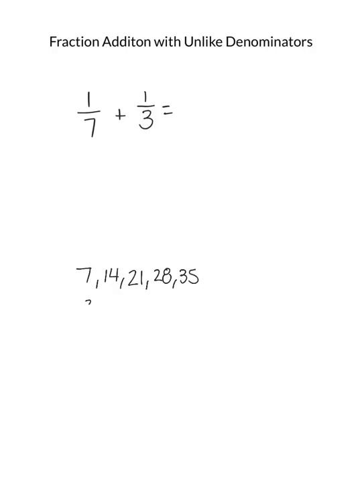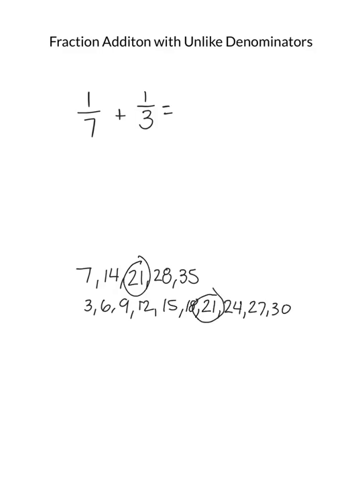Multiples of 3, 3, 6, 9, 12, 15, 18, 21, 24, 27, 30, etc. So what are some multiples that they have in common? I have 21 in both.